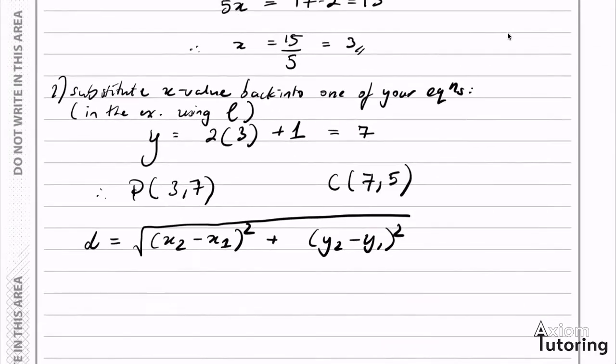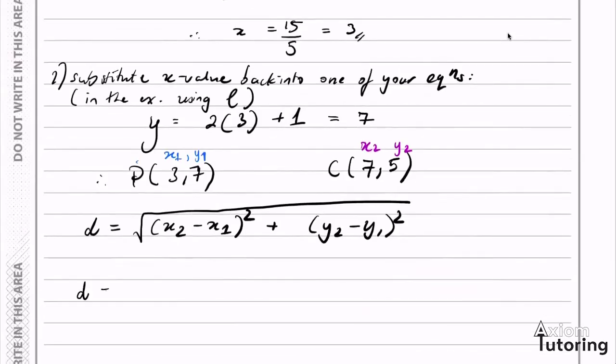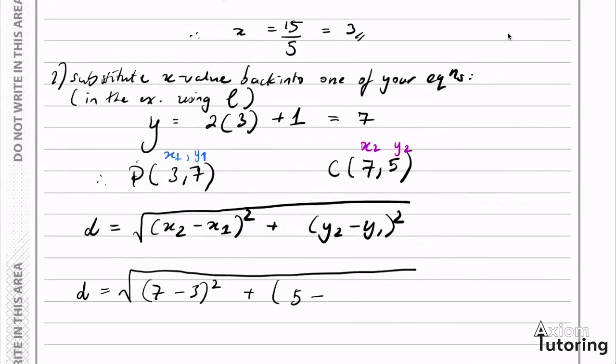So this is our first coordinate, that's x1 and that's y1. And if this is our second coordinate, then 7 is our x2, and y2. Let's substitute those values in. D equals root of x2, so that's 7 minus 3 all squared, plus y2, which is 5 minus 7.